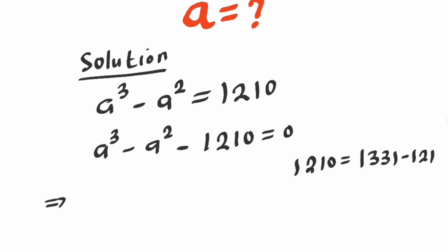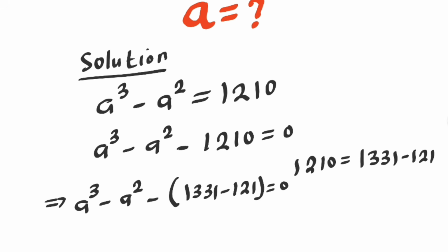This can be written as a raised to power 3 minus a square minus, now let us replace this 1210 by 1331 minus 121, is equal to 0.